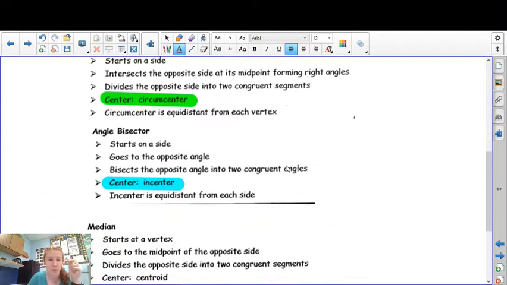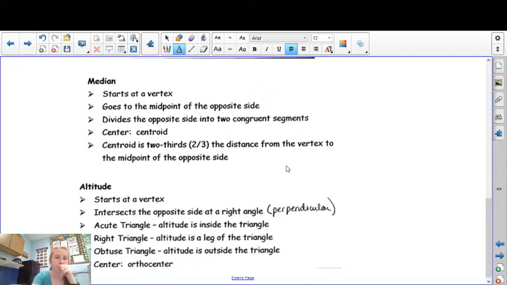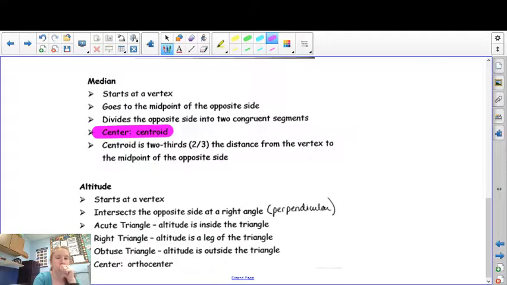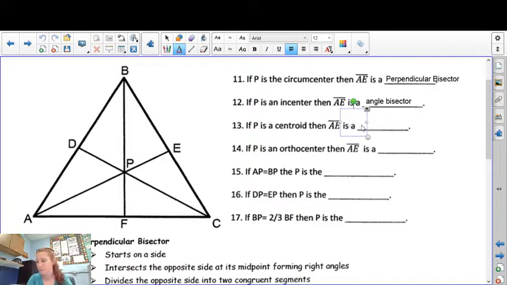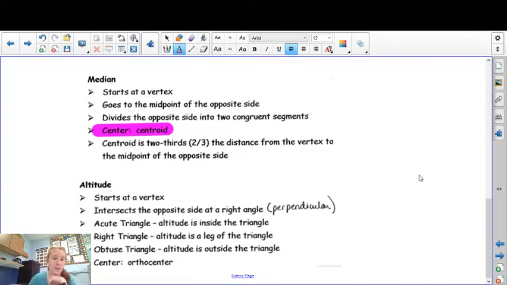If P is a centroid, okay, let's look for the word centroid. Says if P is a centroid, then AE is the median. And orthocenter.